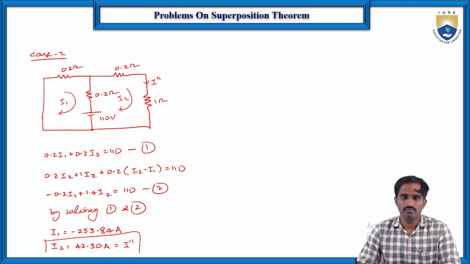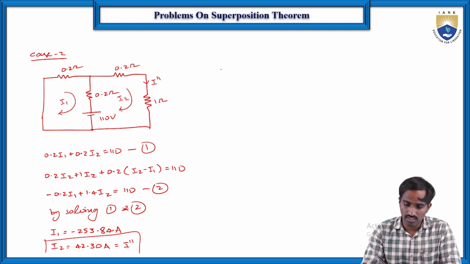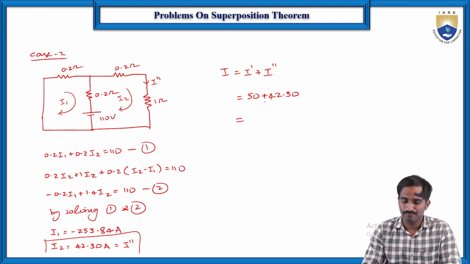So now we got the values of I dash and I double dash. Then the current flowing through the actual circuit, I, is equal to I dash plus I double dash. So what is the I dash value? I dash is 50, plus I double dash is 42.30. So then 92.30 amperes is the total current flowing through the 1 ohm resistor, right?